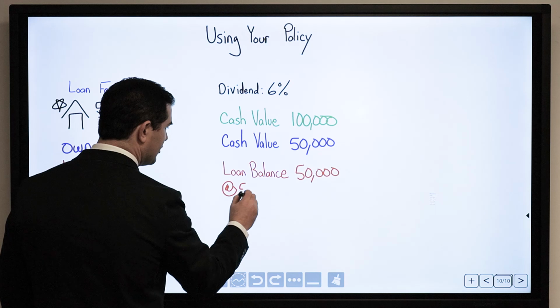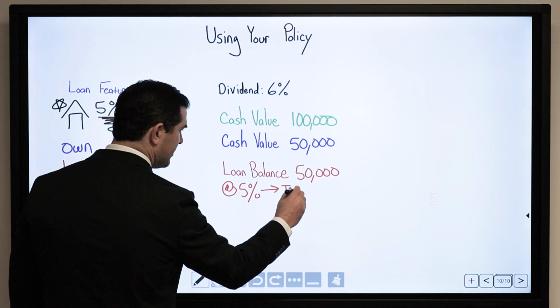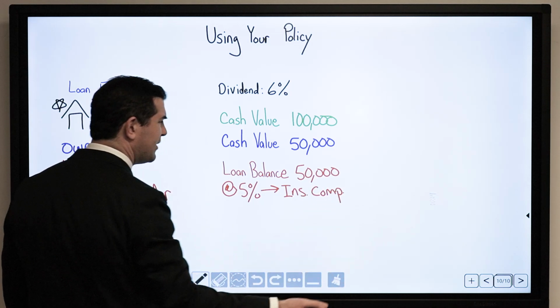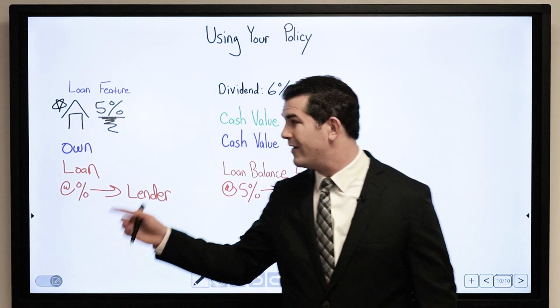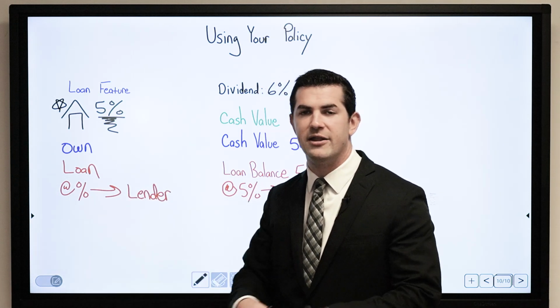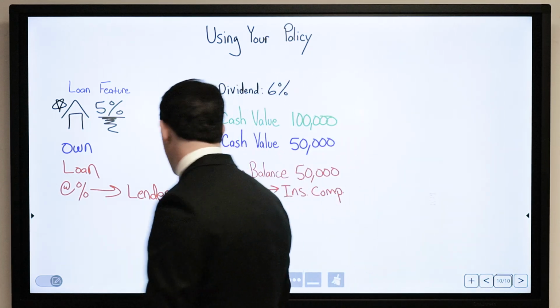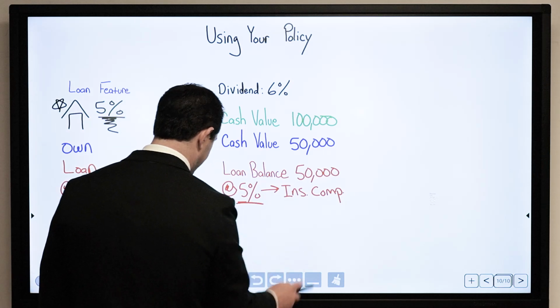There will be loan interest that is paid to the insurance company. Typically, you'll see loan interest rates with most companies fall between 5 and 6%. With that said, it is possible to leverage a policy in the same manner that we can leverage real estate, in the form of using it as a line of credit. And doing so often obtains much more attractive rates than we can get on a basic insurance policy loan.